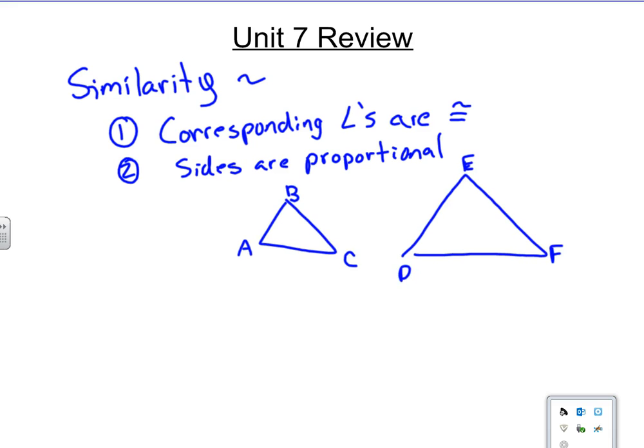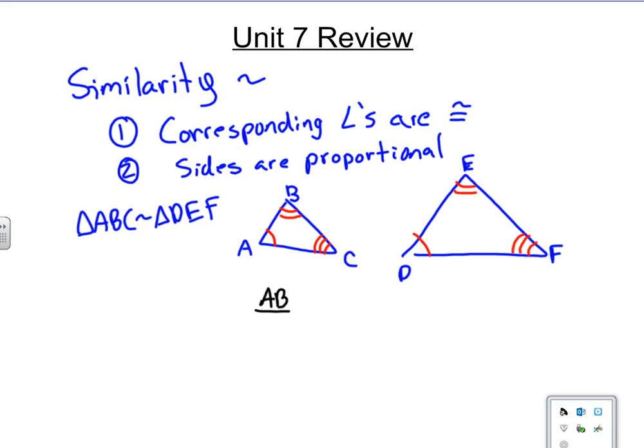If we're given a similarity statement that says triangle ABC is similar to triangle DEF, what are we looking at here? Well, we know that angle A is congruent to angle D, angle B is congruent to angle E, and angle C is congruent to angle F. And we also know that the sides are going to be proportional.